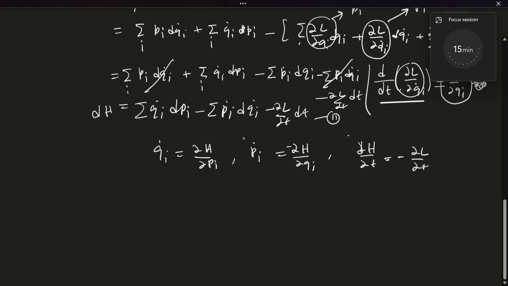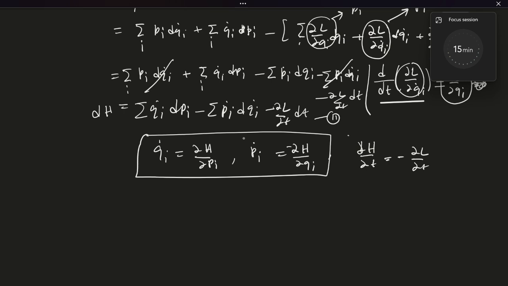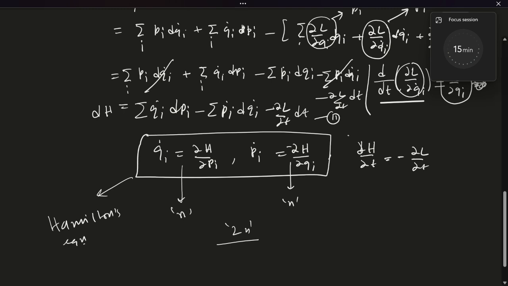The index i means there is q1, q2, q3, q4, a total of n equations, and you get 2n equations. As I have already said, when you consider first order differential equations, you get 2n equations, and these 2n equations are known as Hamilton's equations of motion, or sometimes the canonical equations of motion.